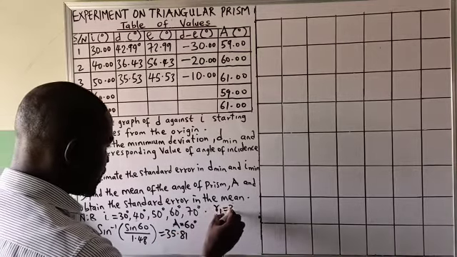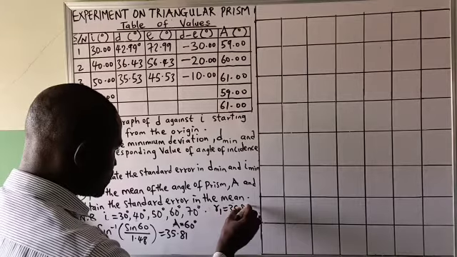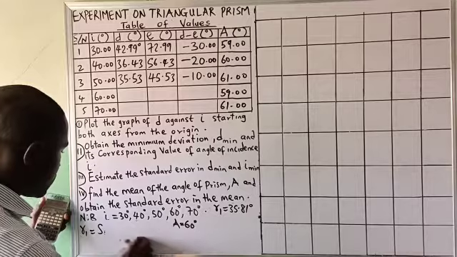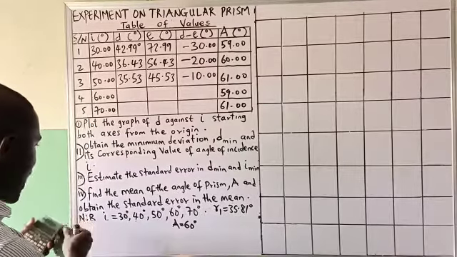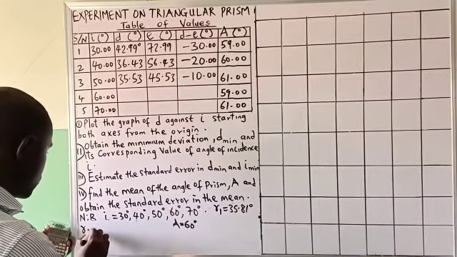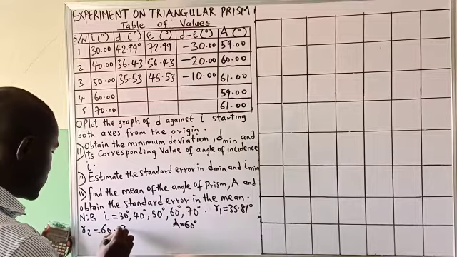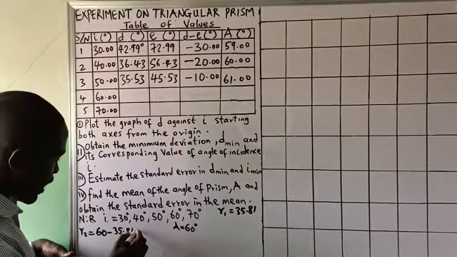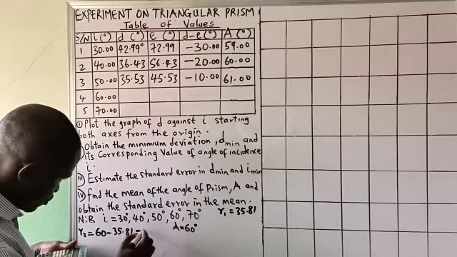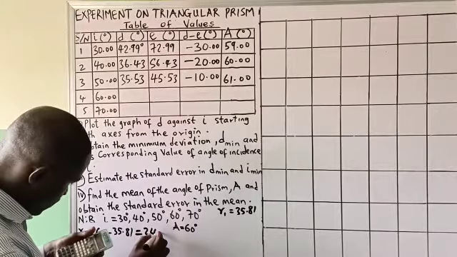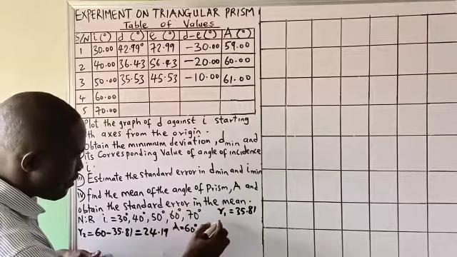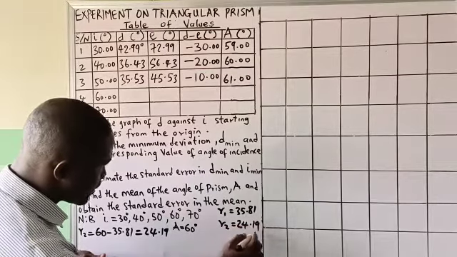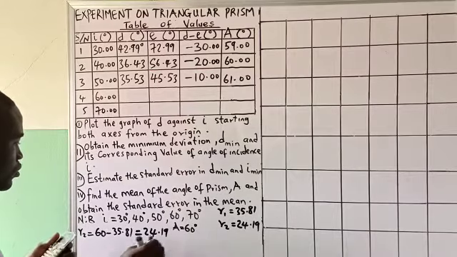R1 equals 35.81 degrees. Then I'll go to the next one, that is R2. R2 equal to 60 minus 35.81, that will be giving us 24.19. We have our R2 to be equal to 24.19 degrees.